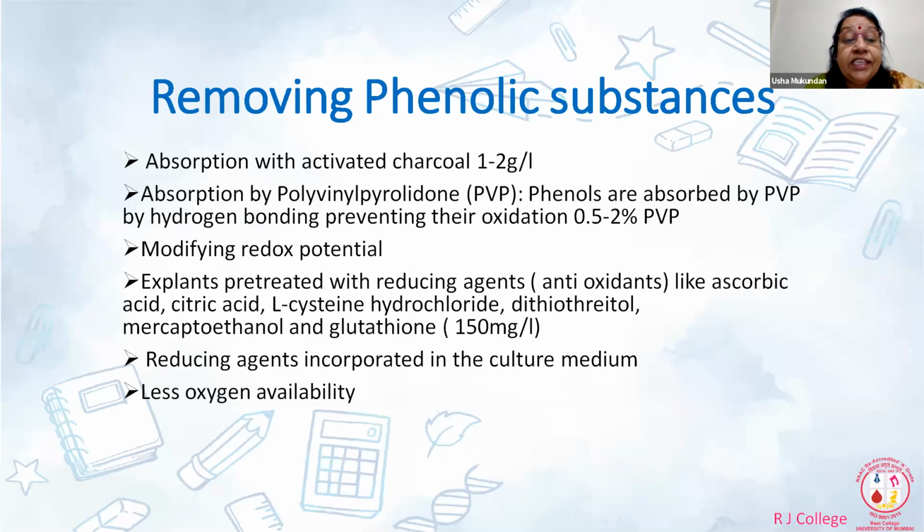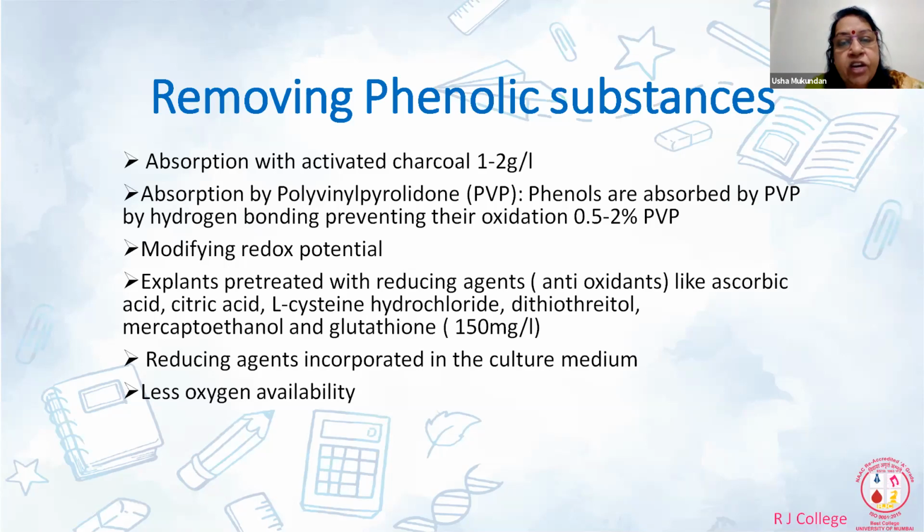You add certain materials. One important material is PVP. What is PVP? Polyvinyl pyrrolidone. What does it do? All the phenols are absorbed by PVP by hydrogen bonding. So obviously, if phenols are absorbed by PVP, there will be no substrate available, and therefore media browning will be totally prevented, thereby preventing their oxidation.